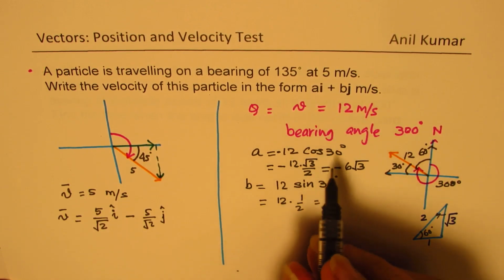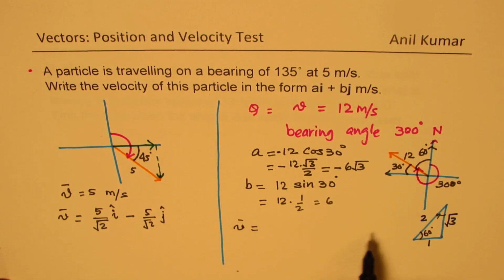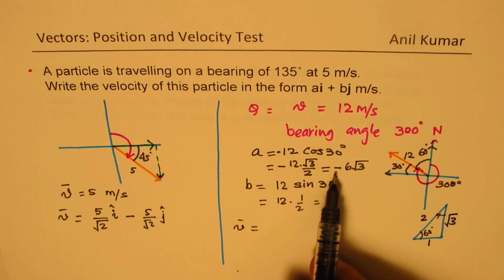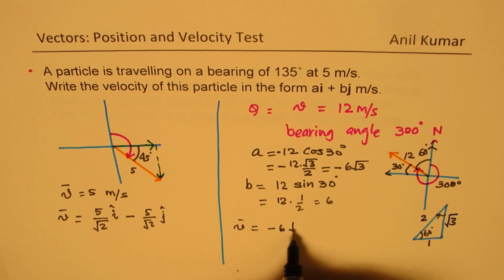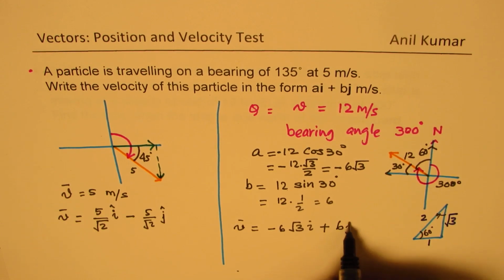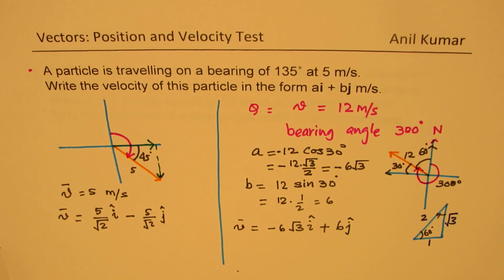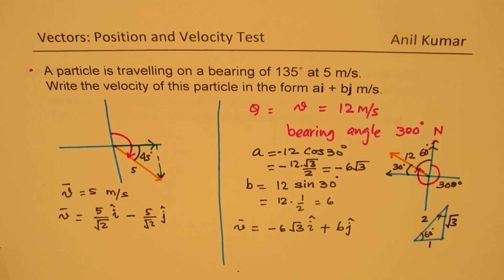And therefore I can write this vector as a equal to minus 6 square root 3 i plus 6j. Is that clear to you? So that is how you could do it. With this, you understand clearly how to resolve velocity into its components and then rewrite.